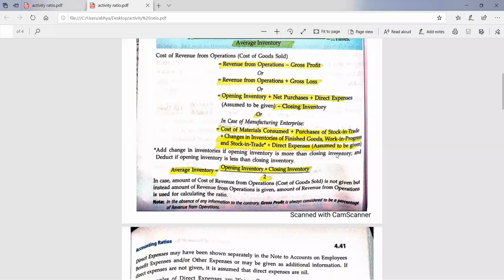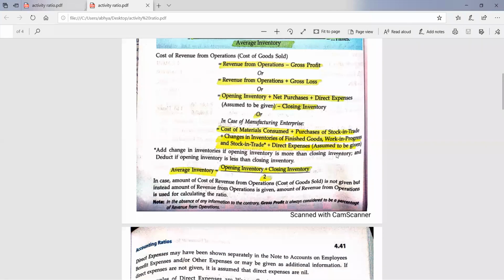Like the earlier statement of profit and loss which we have done in chapter 1 as well as in chapter 3, I have told you the format. In that format, one head was there, expenses, and here all the terms of that expenses head have been taken. First item of the head expenses was cost of material consumed, that is written here. Second item was purchase of stock in trade, it is also given.